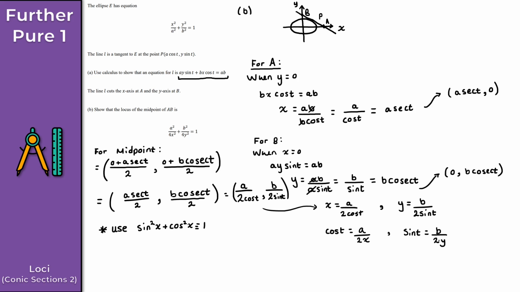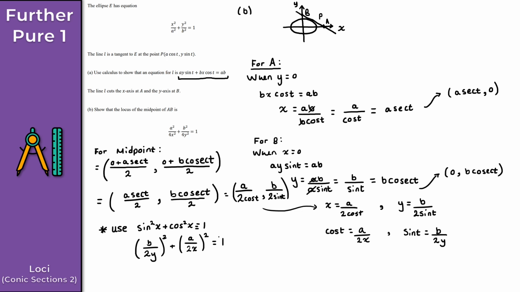And we're pretty much there now. So replacing sine t with b over 2y, and doing the same with cos t, that's going to be a over 2x. What we get is b over 2y all squared plus a over 2x all squared is equal to 1.